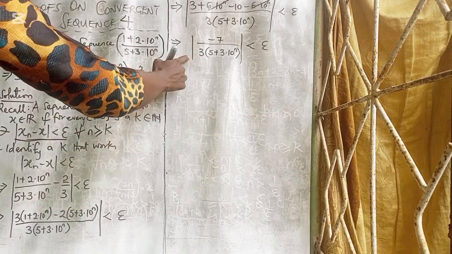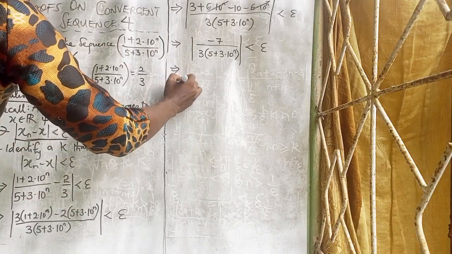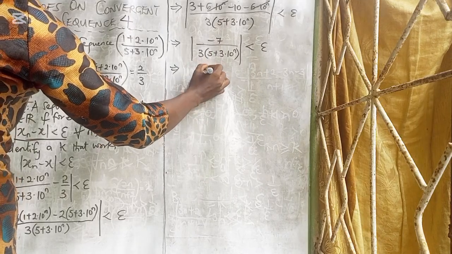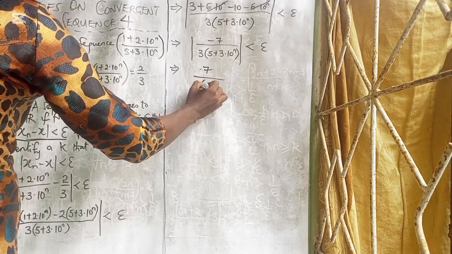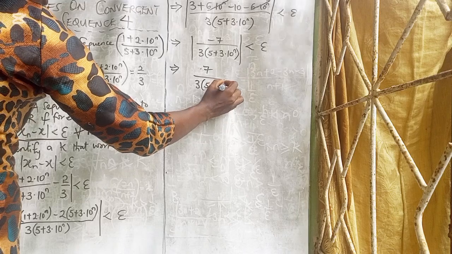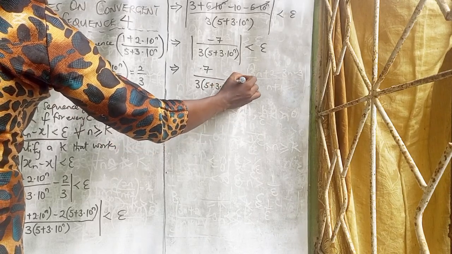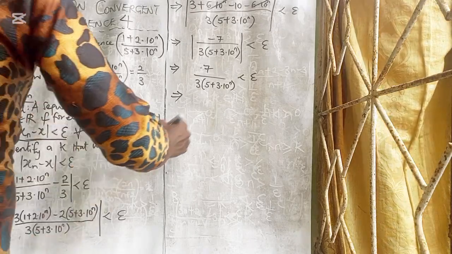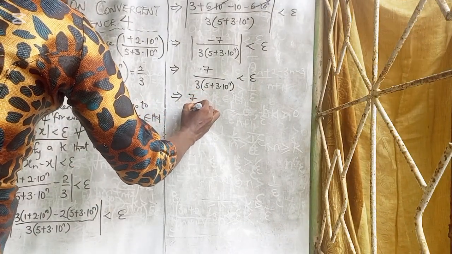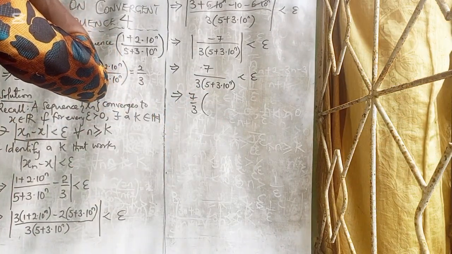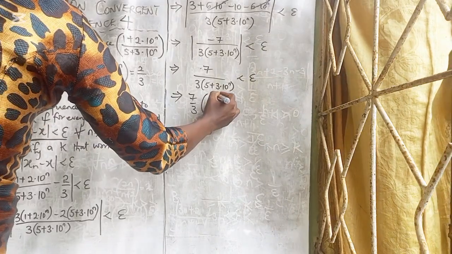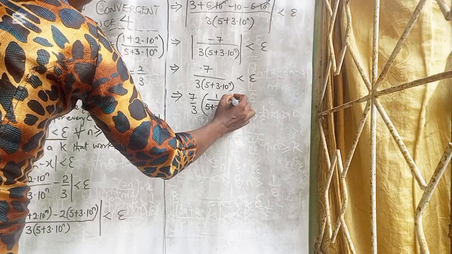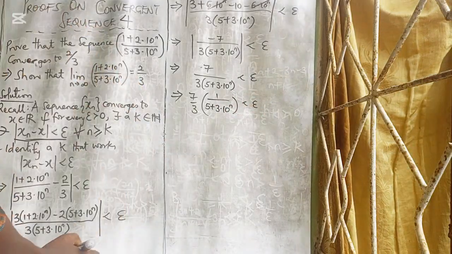And so the absolute value takes care of the minus sign. I'm left with 7 over 3 × (5 + 3 × 10^n) less than epsilon. This is the same thing as writing 7/3 times 1 over (5 + 3 × 10^n) less than epsilon.